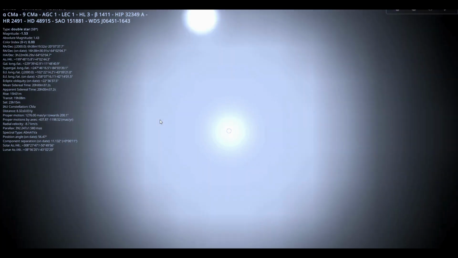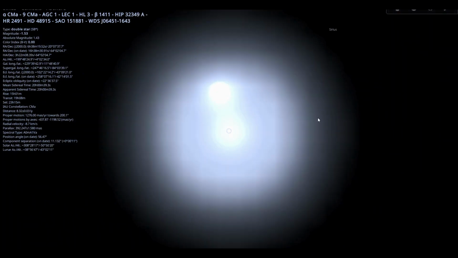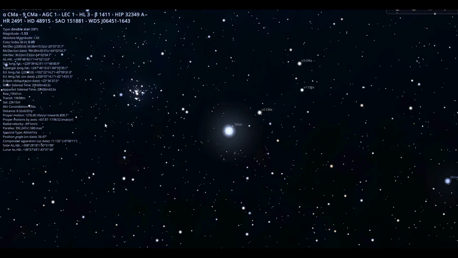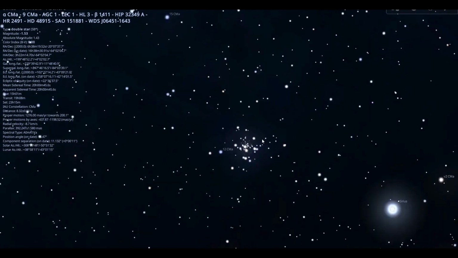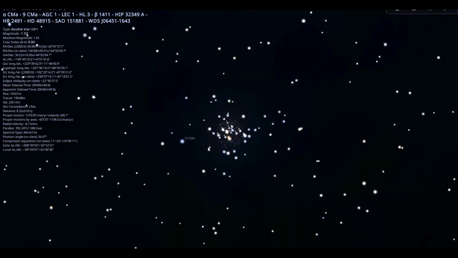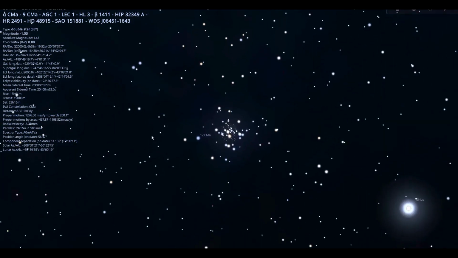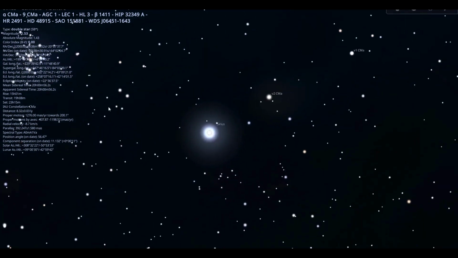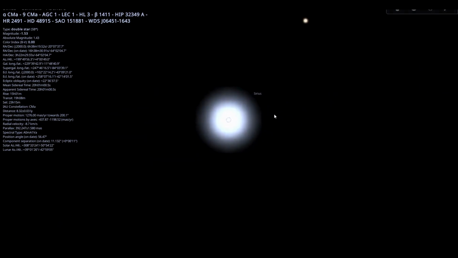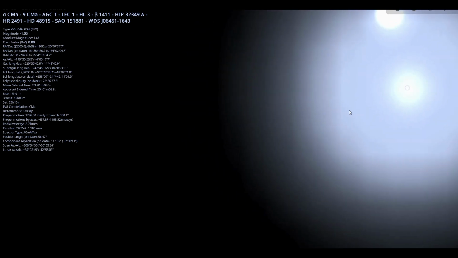It's now 1.60 from 1.54. So this is how the changes occur, and this is the Beehive Cluster. Yeah, actually in India nothing is visible. Anyways, let's move on to our main subject. As you saw, as the years pass, the stars come in front of each other, and right now it's moving.